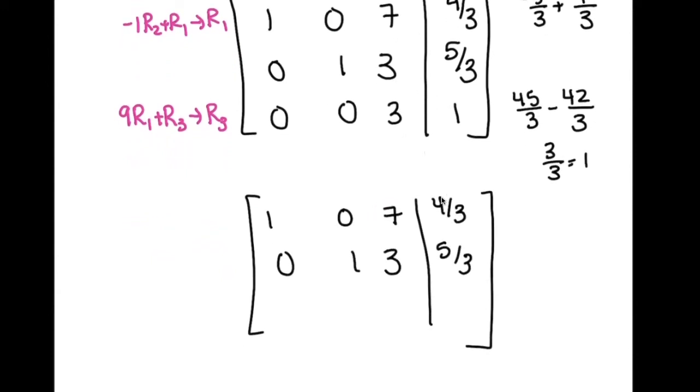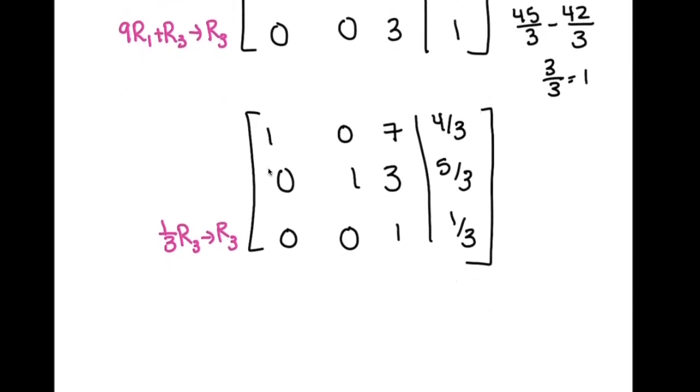But row 3, I want to multiply by a 1/3. And I will be getting, so 0 times 1/3 is 0. 0, 1/3 times 3 gives me that 1 I wanted, and 1/3 here.